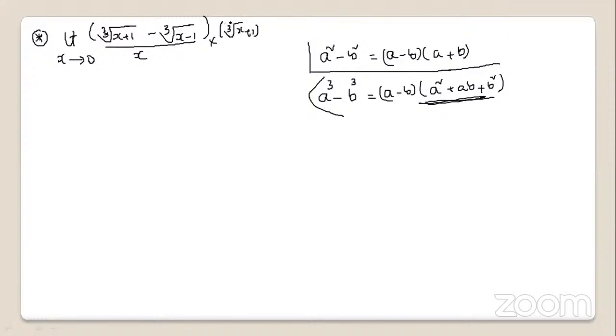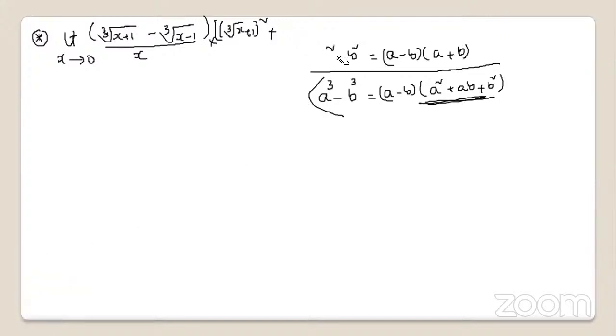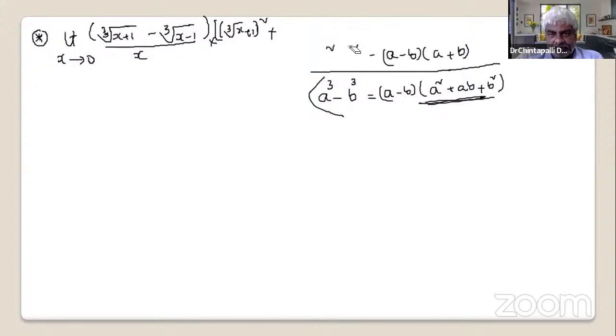Very good. After that, plus ab. Ab means cube root of x plus 1 times cube root of x minus 1.